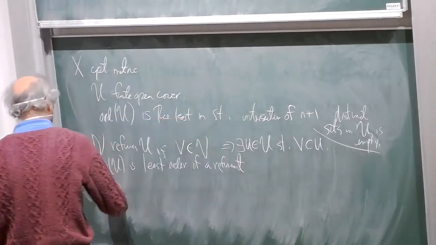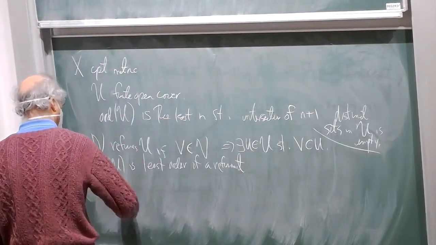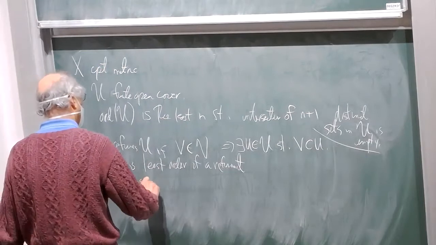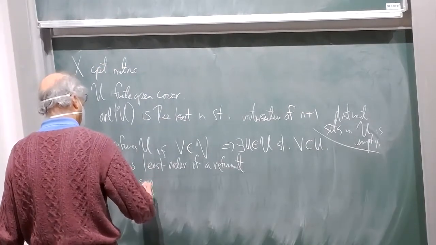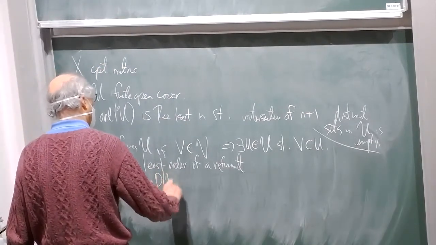And the dimension of X is the sup over finite covers U of D of U.